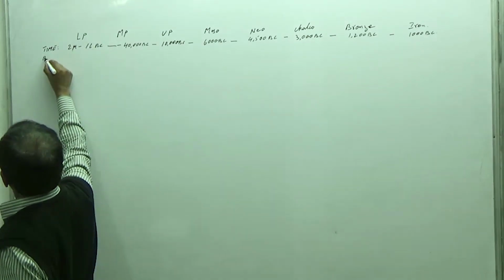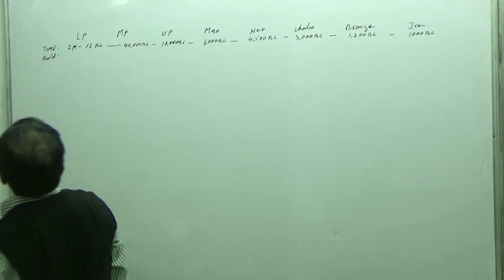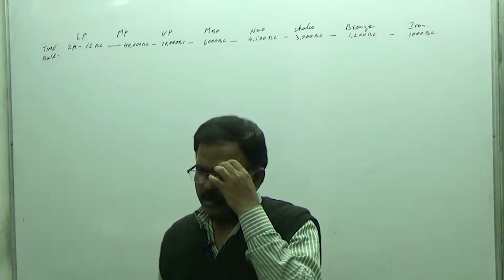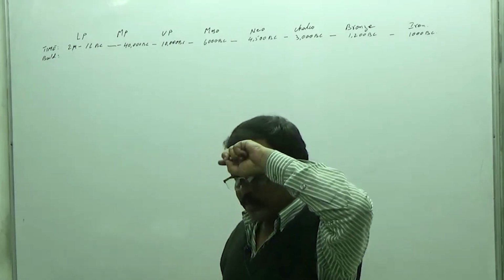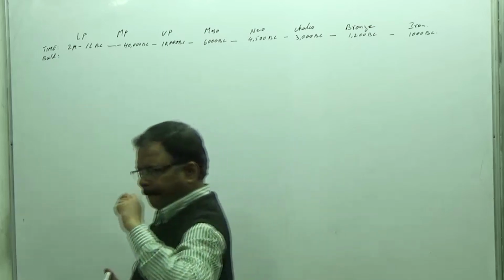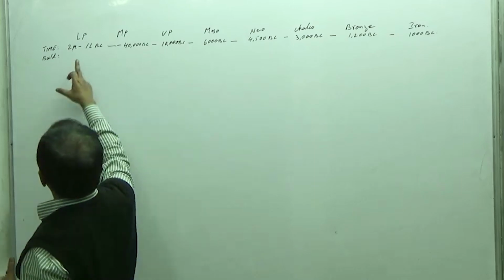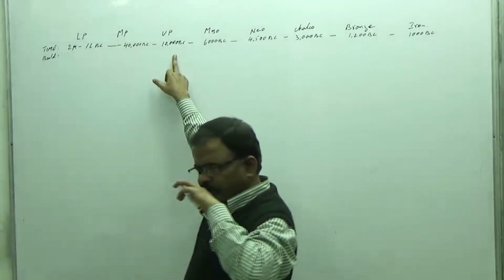Then who are the builders of Lower Paleolithic? Who are the builders? What is that epoch? Lower Pleistocene, Middle Pleistocene, Upper Pleistocene.